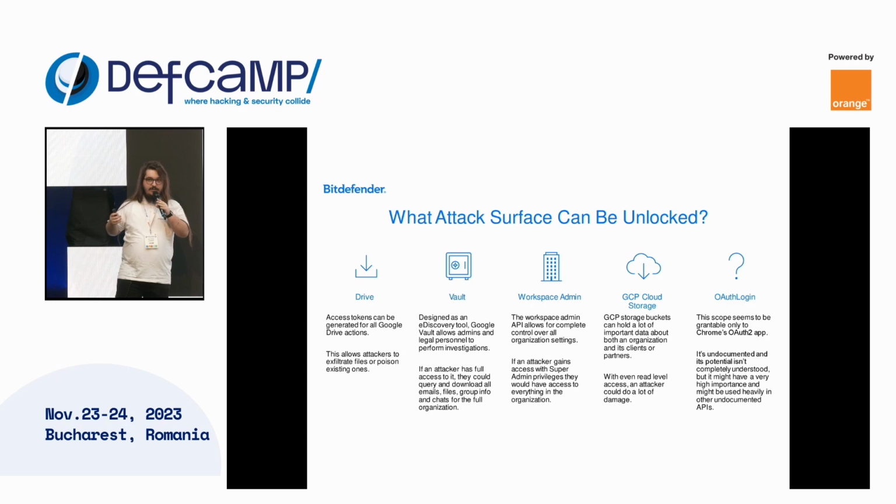Next, all the files stored in GCP cloud storage that are available to the user are also available to the attacker. You could imagine how this could go very wrong if the attacker is a developer or has access to production data from clients. And lastly, and most probably interestingly, is the auth login scope that could be derived by this refresh token.